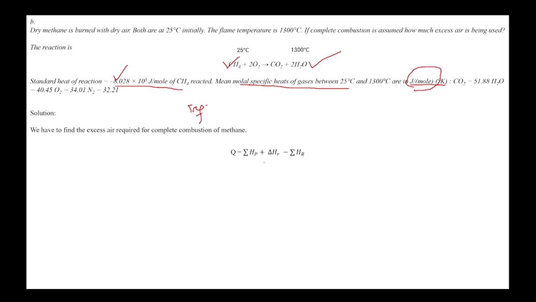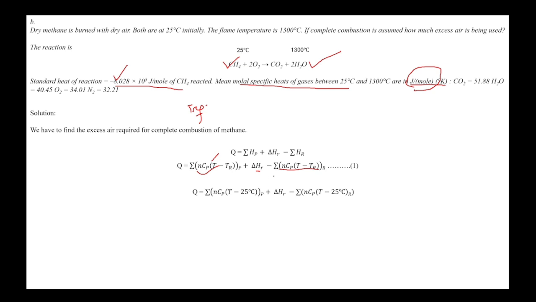Q added to the system will be equal to n Cp delta T, T minus T R. This T is the temperature at which the reactant or product is, and T reference, T R, is the reference temperature. It is always 25 degrees Celsius, 298 Kelvin, in all energy balance calculations, plus delta H of the reaction plus n Cp delta T of the reactant.